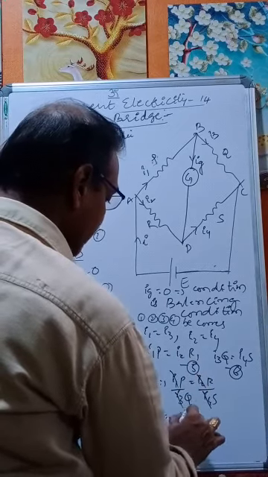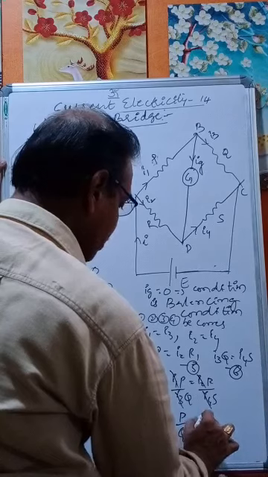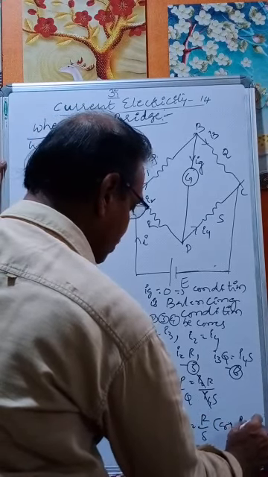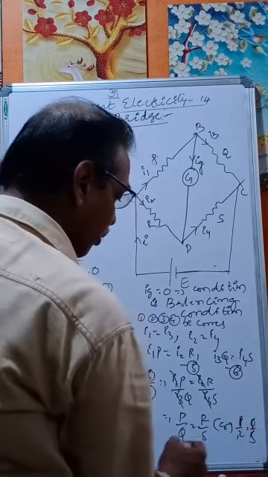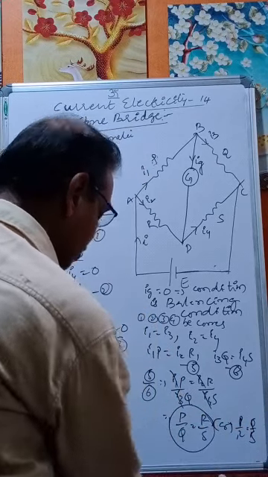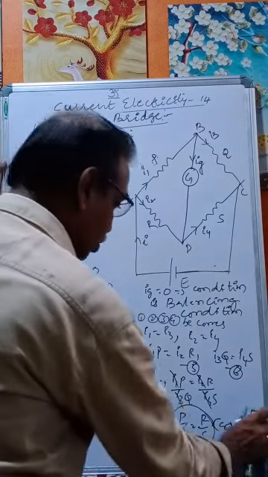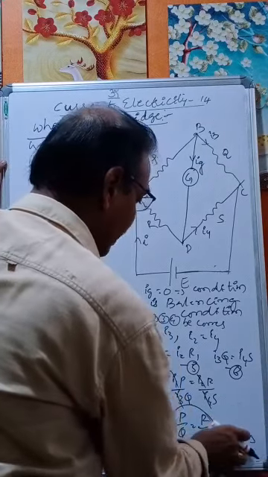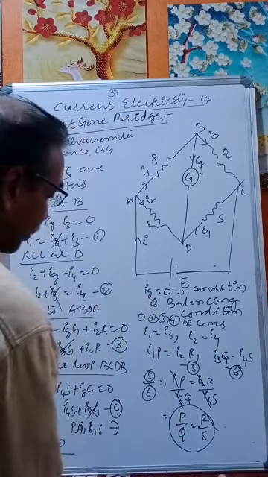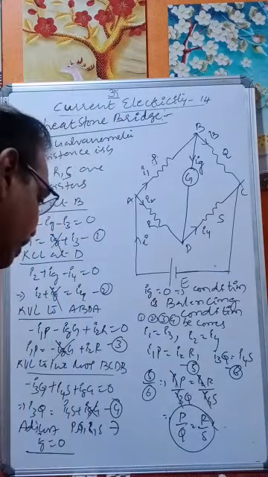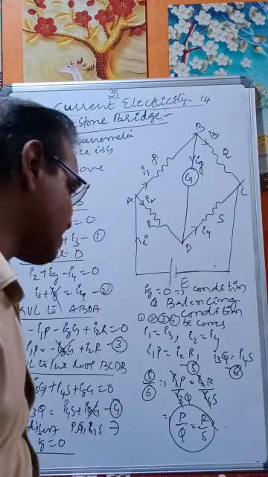Therefore P by Q is equal to R by S. Or P by R is equal to Q by S, whichever it means, no problem. Generally we take P by Q is equal to R by S only. P by Q is equal to R by S is the condition for balancing the bridge.